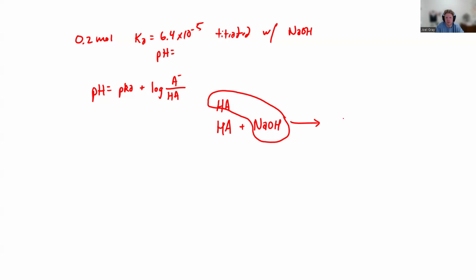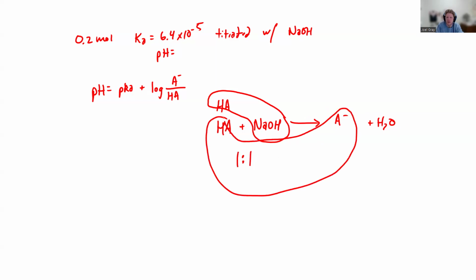And so what we're going to get then is A minus plus H2O, and, of course, the sodium as well. But here, we're going to end up with a 1-to-1 ratio of HA to A minus. So we will have titrated half of that HA.